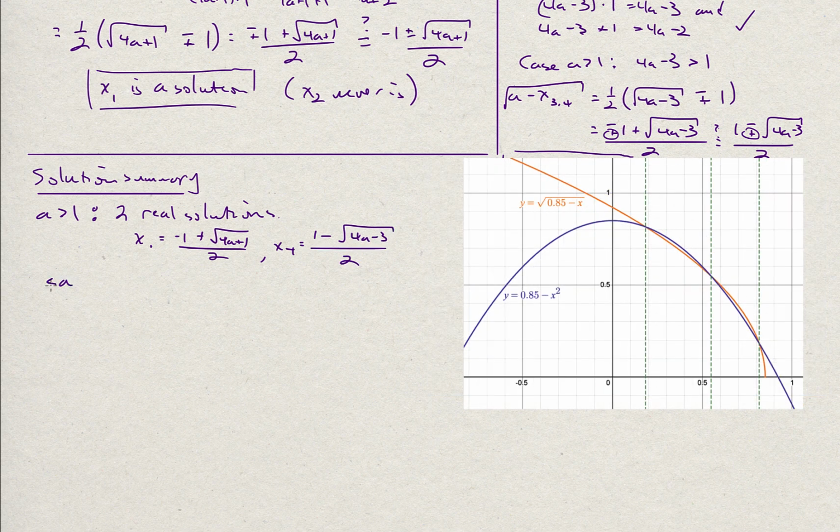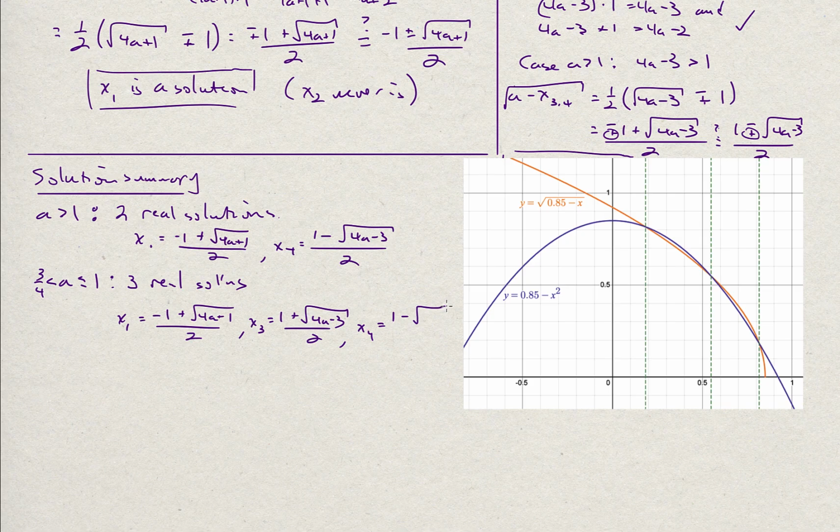Now, if a is between 3/4 and 1, I'm going to leave 3/4 out of this for a second. In this little interval here, there are three real solutions. We've got x1, which is always going to be a solution, negative 1 plus the square root of 4a plus 1 over 2; x3, which equals 1 plus the square root of 4a minus 3 over 2; and x4, which is 1 minus the square root of 4a minus 3 all over 2.